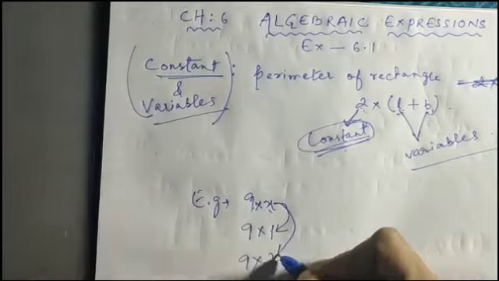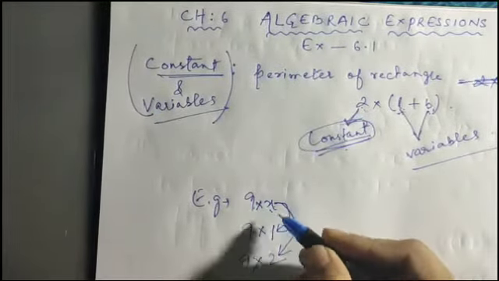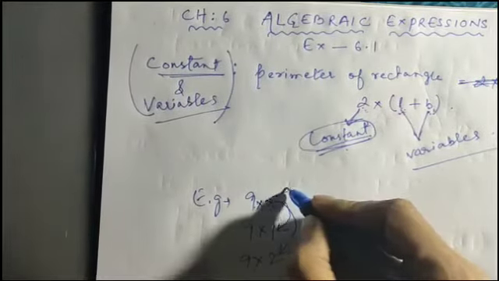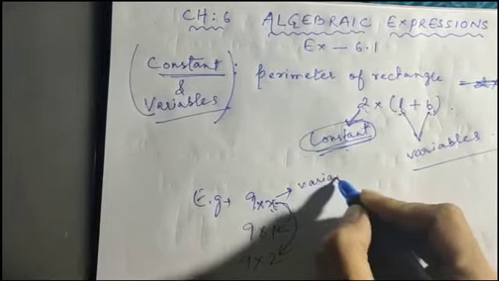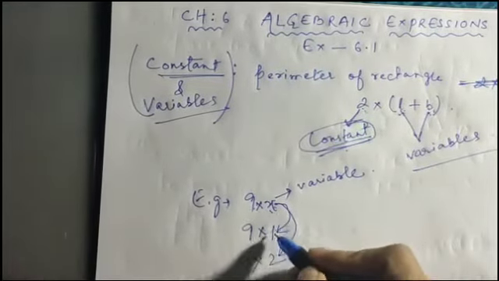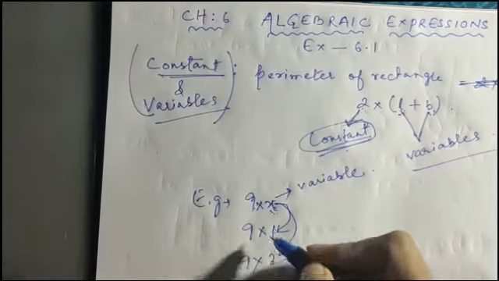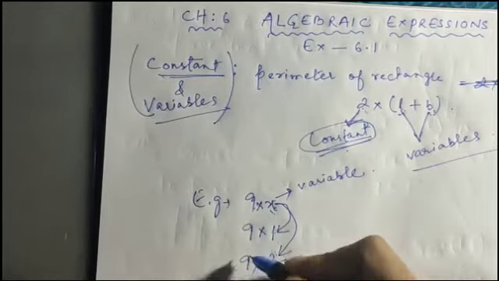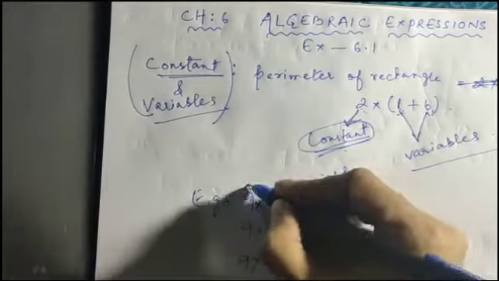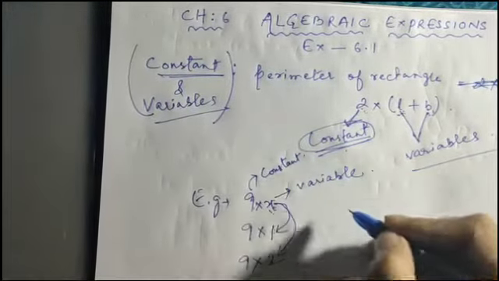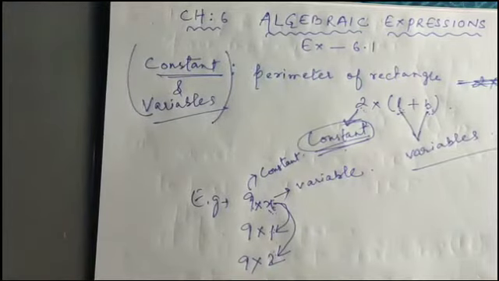For x, sometime it may be 2. It changes. The value can change for x, right? So this x is a variable. Whereas whatever may be the value of x, however it is changing, this 9 remains same in all the situations, right? So this 9 is the constant term. I hope it is clear to you, the concept of constant and variable.